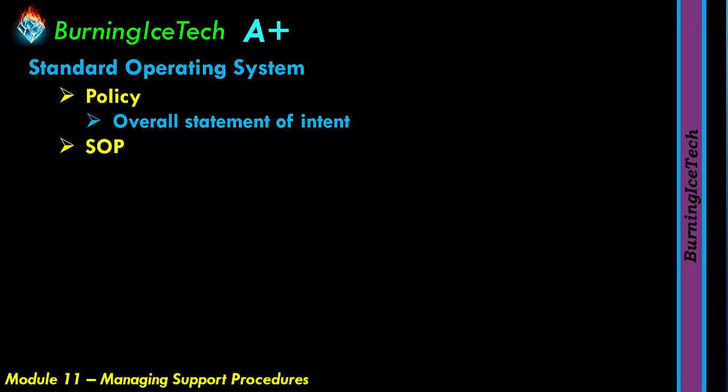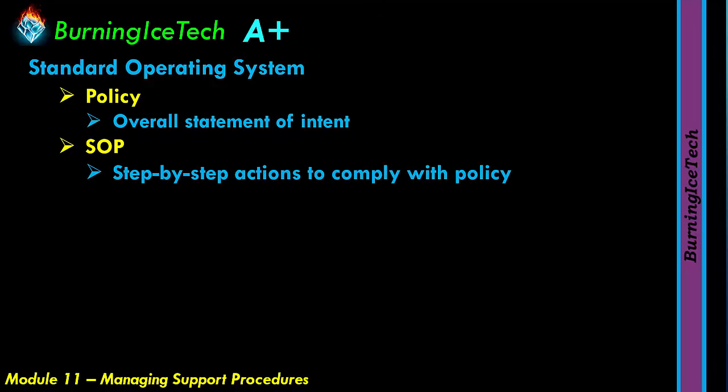That's basically your standard operating procedure. Almost all companies have this, especially any medium or large size company worth its salt. So with that, we can say the SOP is step-by-step actions to comply with policy. That's what it is. So it's a policy with step-by-step actions that you need to comply with. So what is expected of you in your organization?